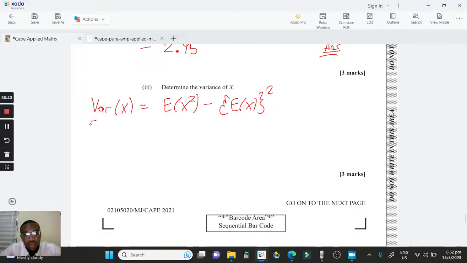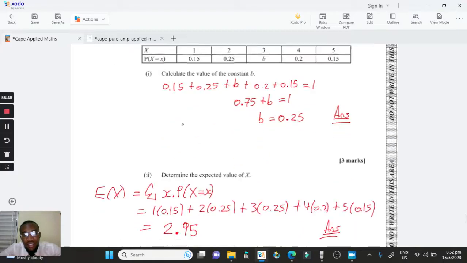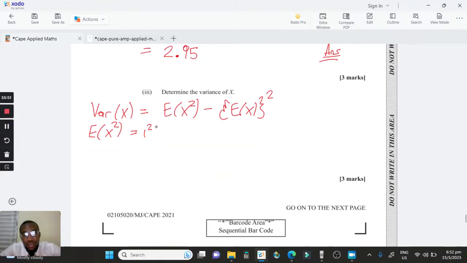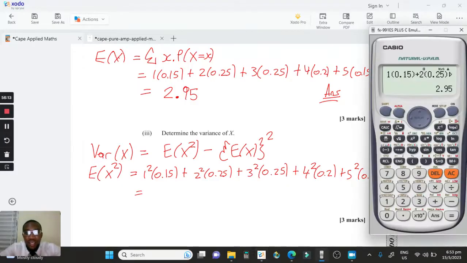So now we need to work out the expected value of X squared, which is X squared times the probability of X equal to X. So this is now 1 squared times 0.15 plus, the only difference between here and here, we'll put in now 2 squared times 0.25 plus 3 squared times 0.25 plus 4 squared times 0.2 plus 5 squared times 0.15.